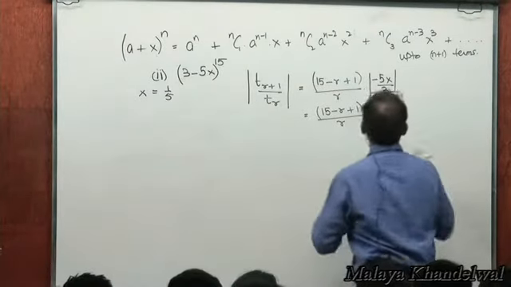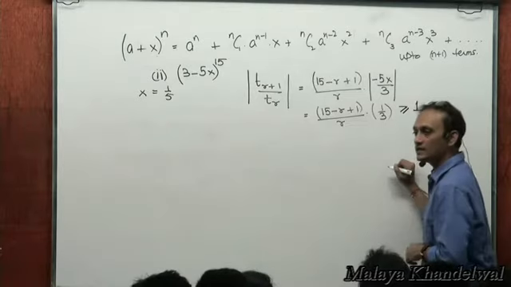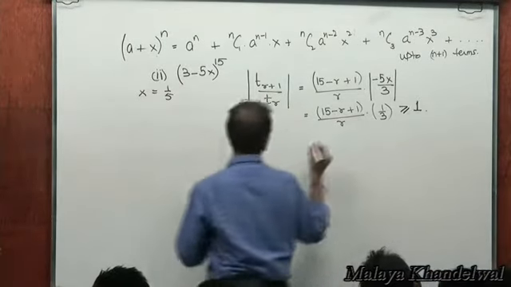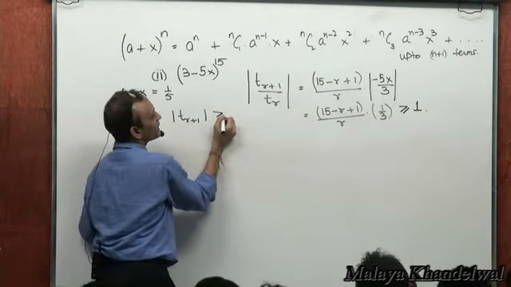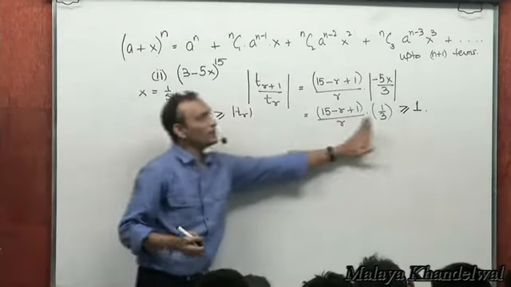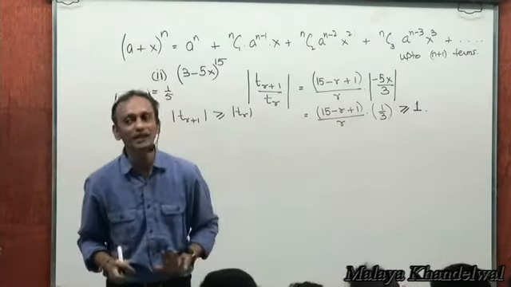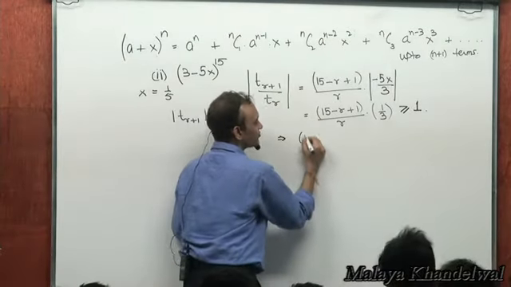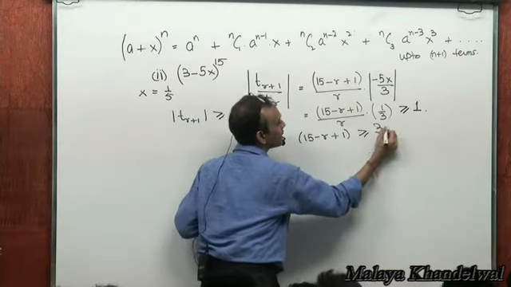Now, when would the next term be not smaller than the previous term? If this ratio is greater than or equal to 1. Clear? That means this would be the range of r for which the next term will be numerically not smaller than the previous term. This happens when 15 minus r plus 1 is greater than or equal to 3r.